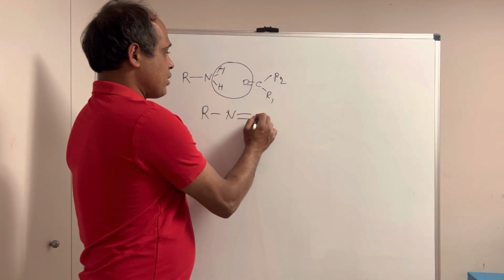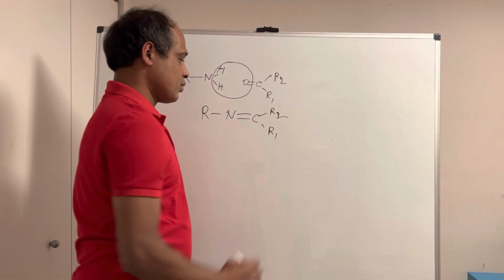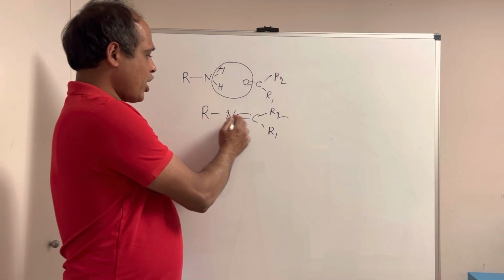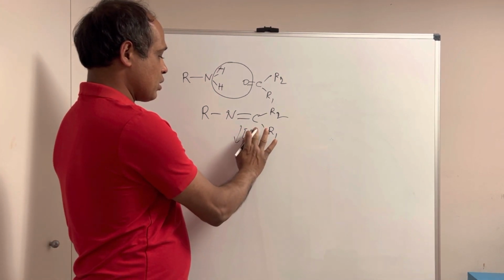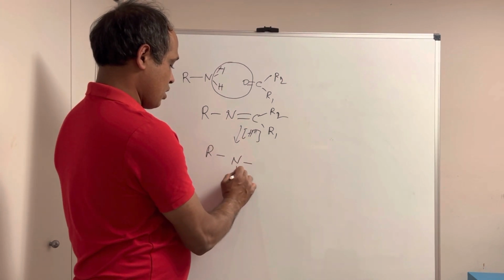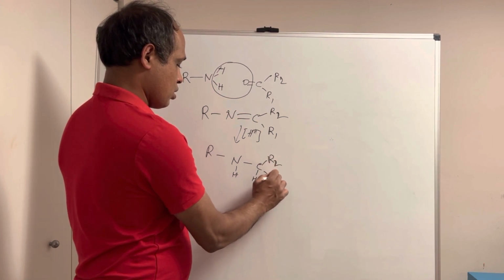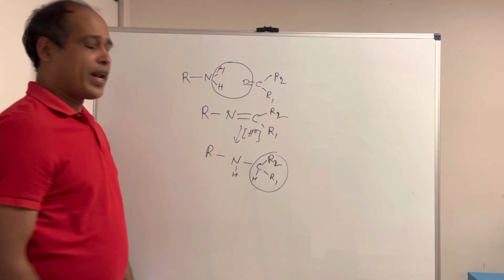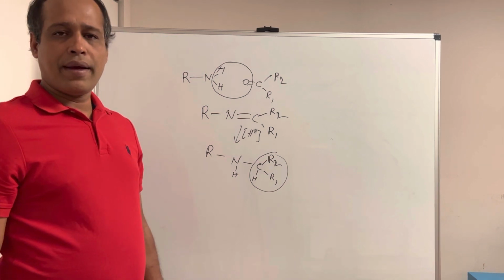It looks like this. This is an imine, and that imine can be reduced to a carbon-nitrogen single bond by a reduction process, so you can make N-H-C-H. Ultimately, in the amine you just attach one alkyl group, so that is called reductive amination or reductive alkylation.